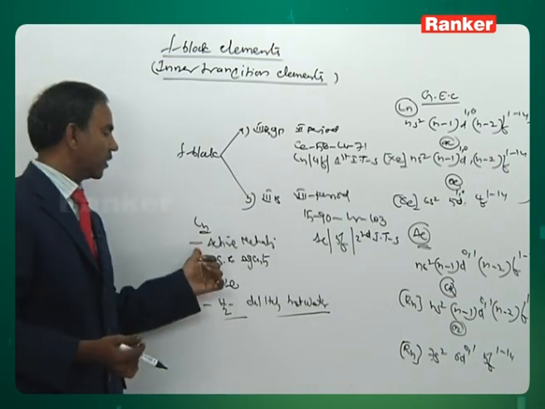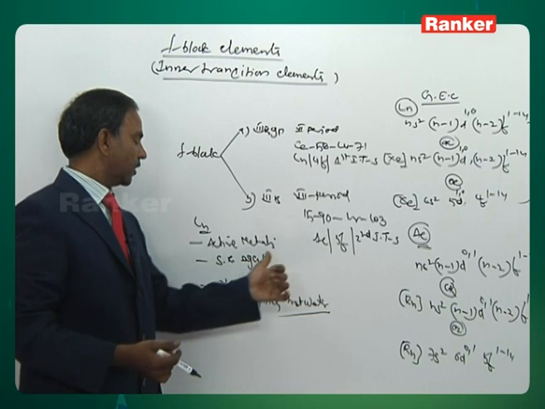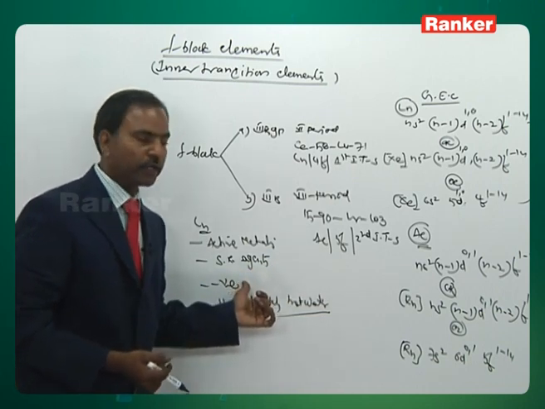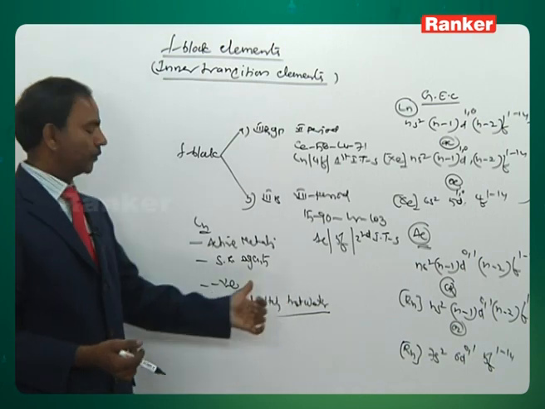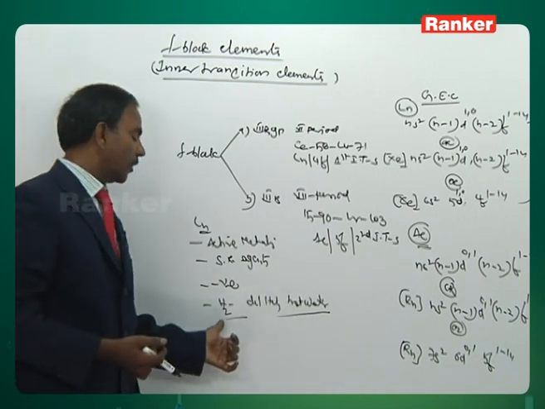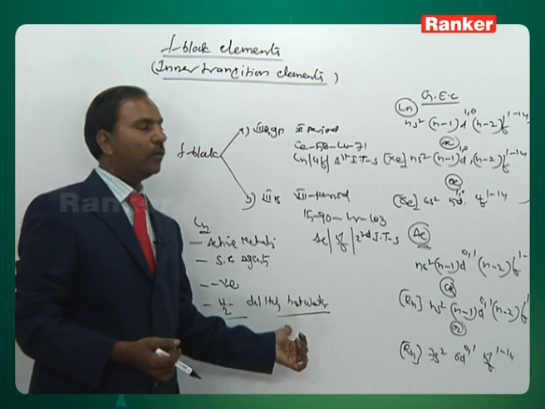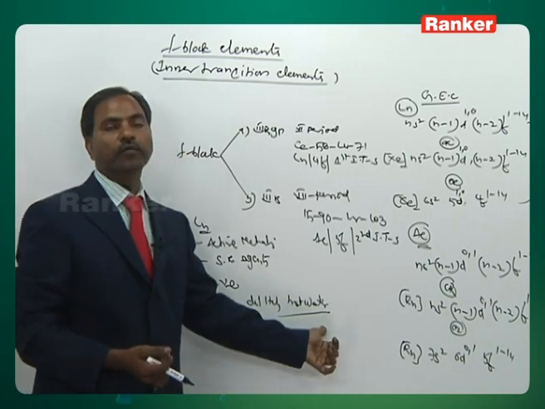So lanthanides are active metals and strong reducing agents, their electrode potential values are negative, and they easily liberate hydrogen gas from dilute acids and hot water.